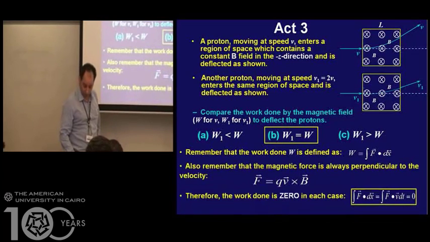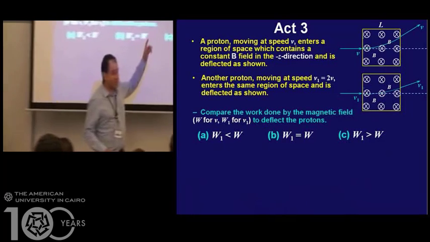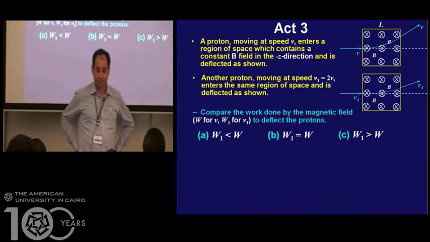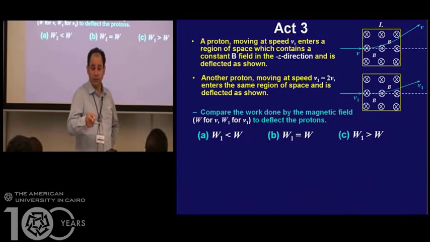Okay, let's do it one more time. In case number 1, the work done is 0, because the force and the direction of the motion, which is the displacement, are always perpendicular to each other.